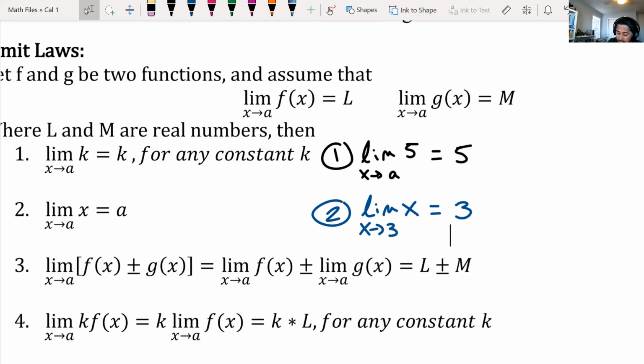So a good example of this one is, let's just say I had the limit as x approached a of x plus, let's just say, x squared.